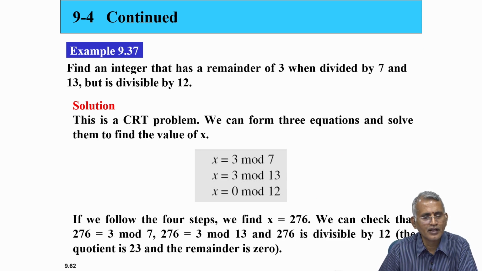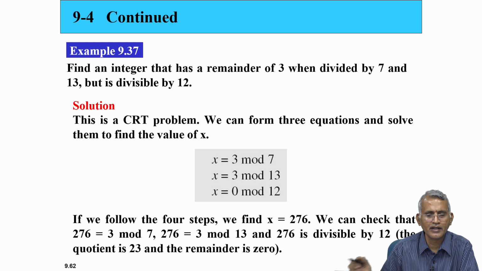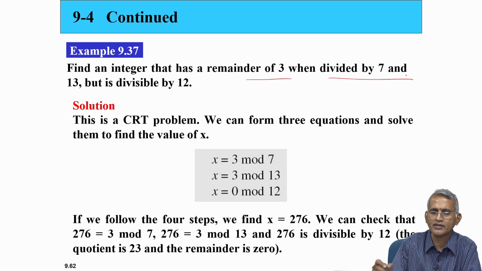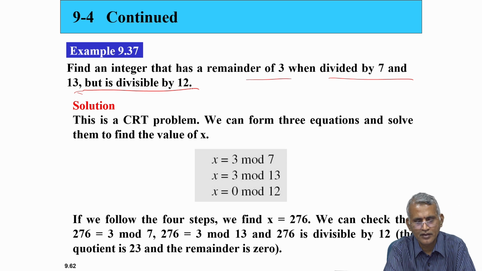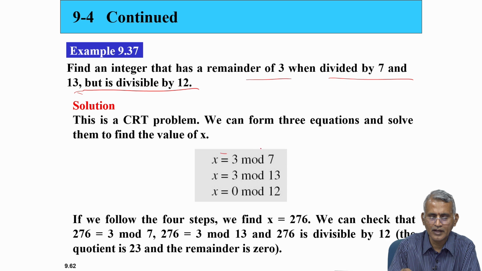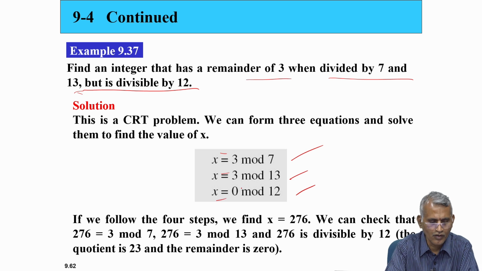Similarly, we can calculate another example: find an integer whose remainder is 3 when divided by 7 and 13, but which is divisible by 12. We can write mathematically the three equations: x is identically equal to 3 under modulo 7, x is identical to 3 under modulo 13, and x is identically equal to 0 under modulo 12.